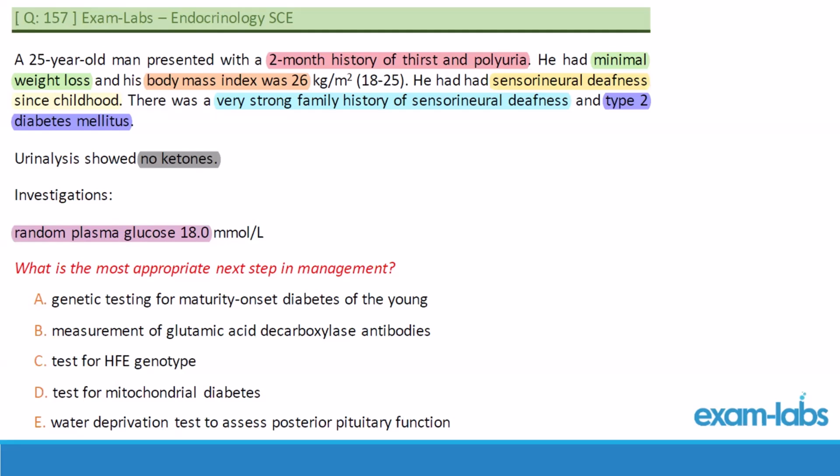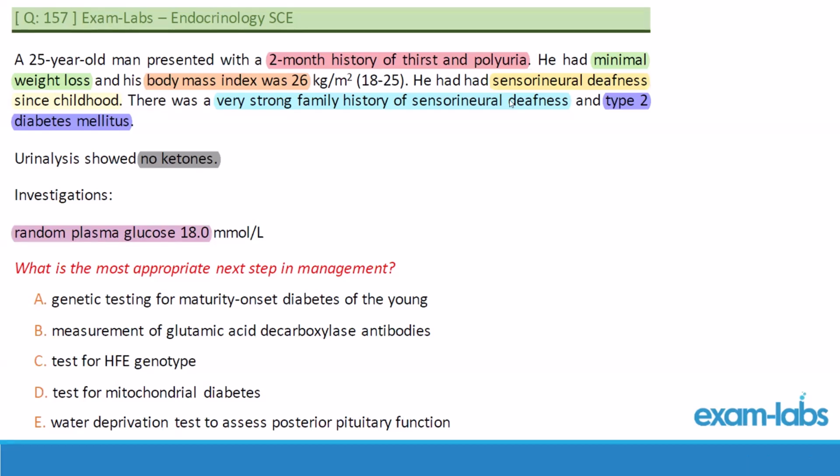If we suspect hemochromatosis, we should assess HFE gene mutation. If we suspect mitochondrial diabetes, we should test for mitochondrial diabetes. If we suspect MODY, we should do genetic testing for MODY. If we suspect Wolfram syndrome, we should do a water deprivation test for diagnosis of diabetes insipidus. What is your answer?